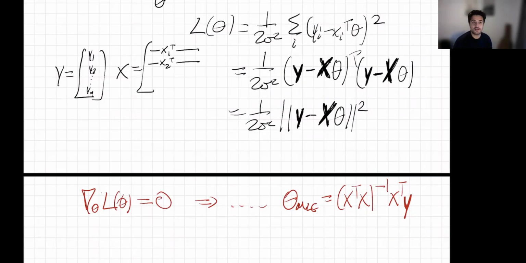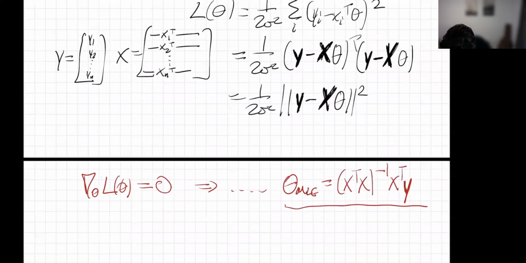So it's all of the input x vectors lying on their back, horizontally, so that this looks like a bunch of inner products. The first row of x is an inner product with theta, the second row of x is a different inner product with theta, etc. So it needs to have this form for what I've written here to make sense. Transpose. Okay, so this is the form that the answer will take.